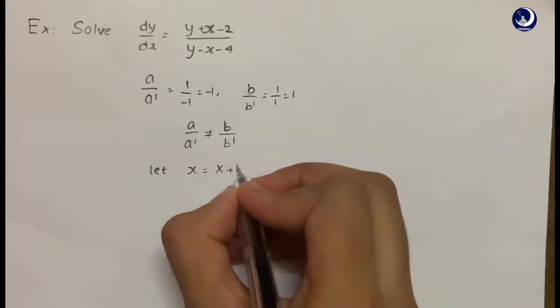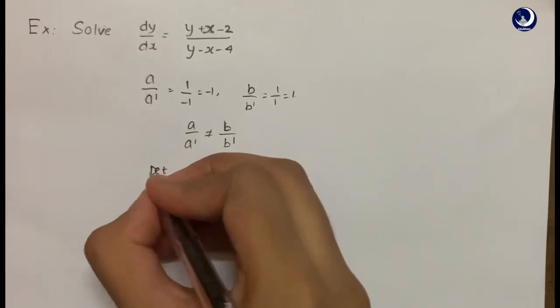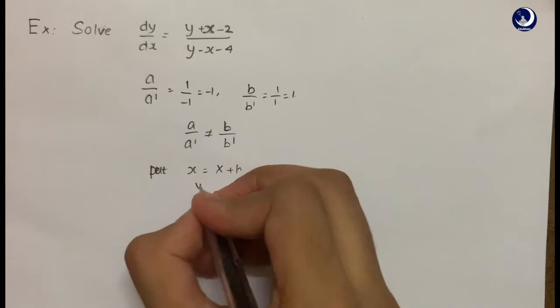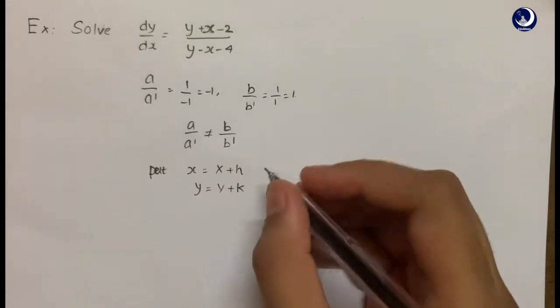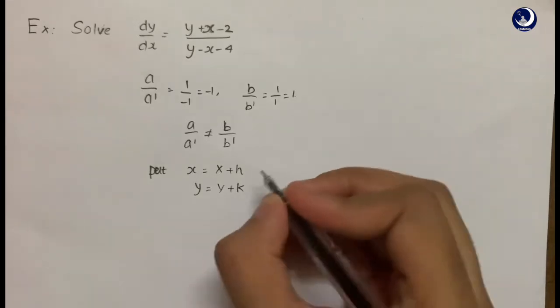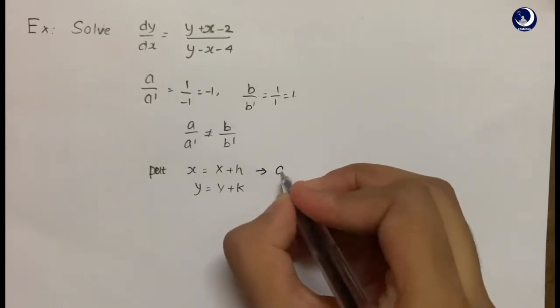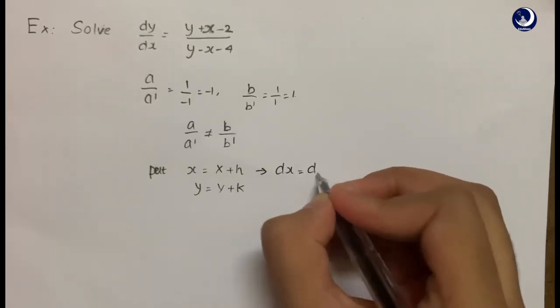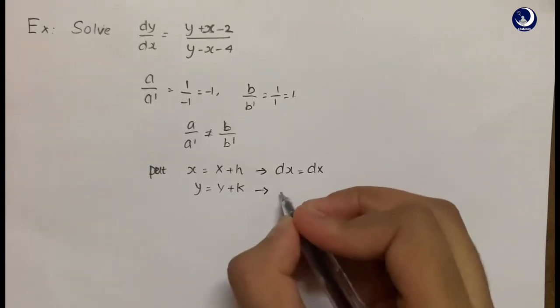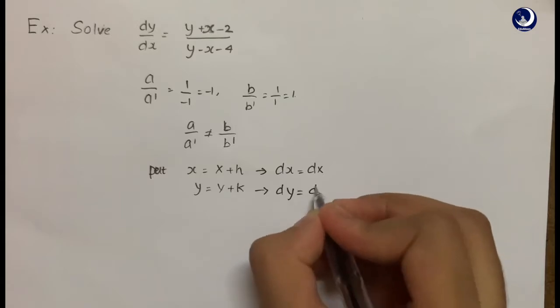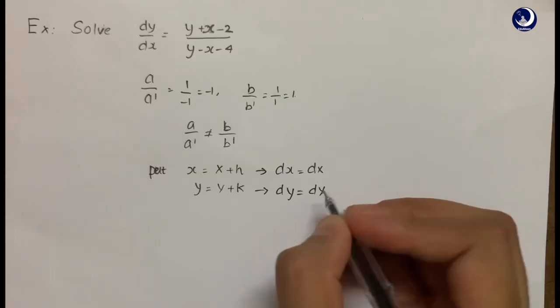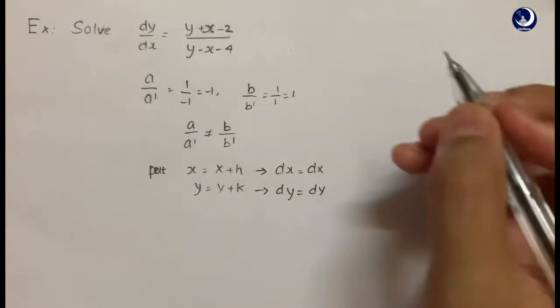that is x equal to capital X plus h and y equal to capital Y plus k. Differentiating this, we get, similarly differentiating this equation, we get. Let's substitute these values in the given differential equation.